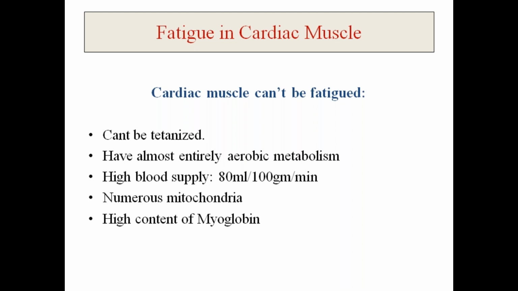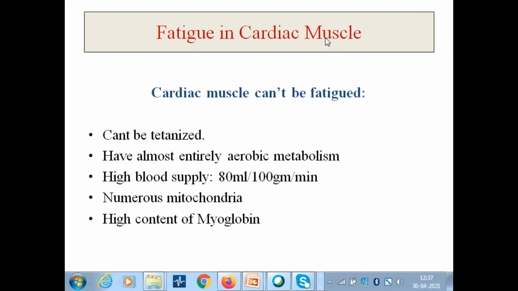In nerve muscle physiology, we have read about nerves, 4 lectures, then neuromuscular junctions, then skeletal muscle, and cardiac muscle, and then we will discuss smooth muscle. Now the last lecture will be on muscle metabolism. So with this we complete your lectures today.